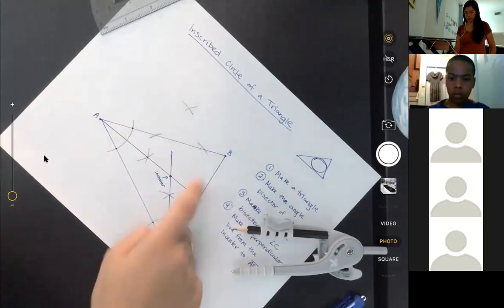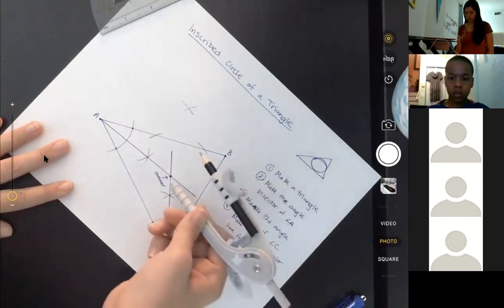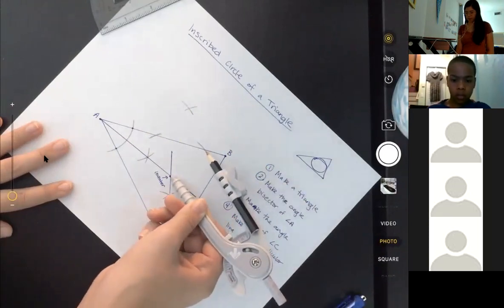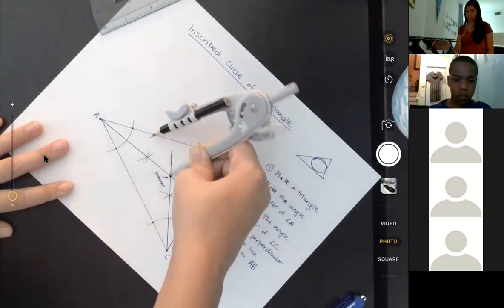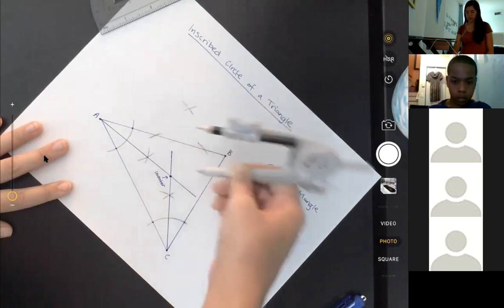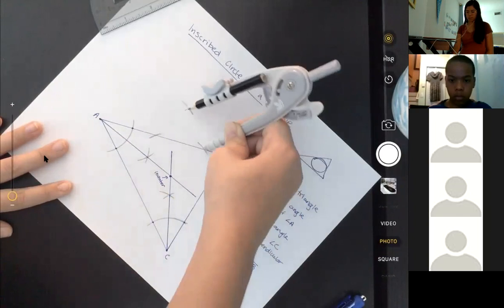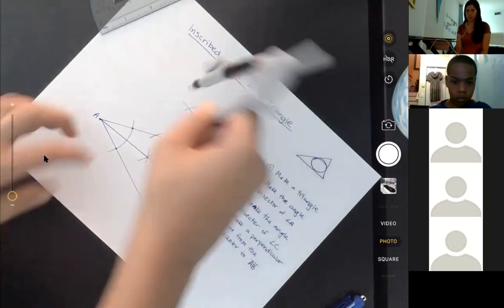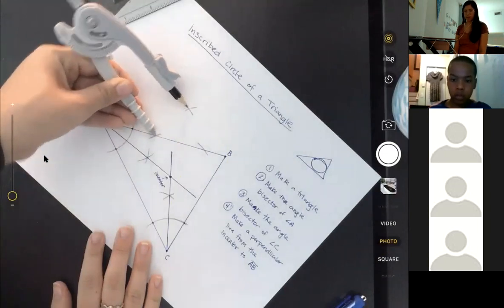Okay, so what did I do? Again, I set it at whatever width I wanted, as long as it crosses AB, and then I made an arc on one side and then over on the other. So I kind of went over here and then I swiveled it around and went over there. And then without changing the width, I stuck it into one of those intersections and made an arc, flipped it around, stuck it into the other intersection and made an arc.